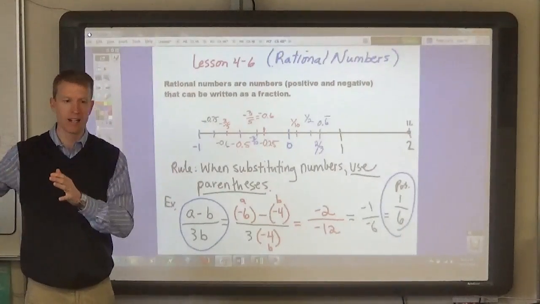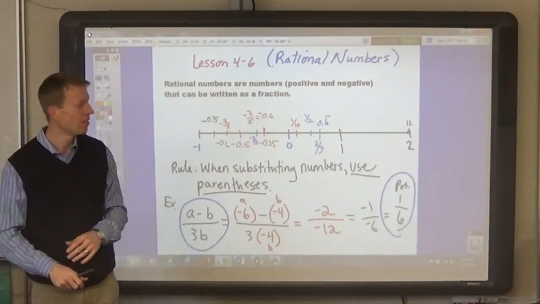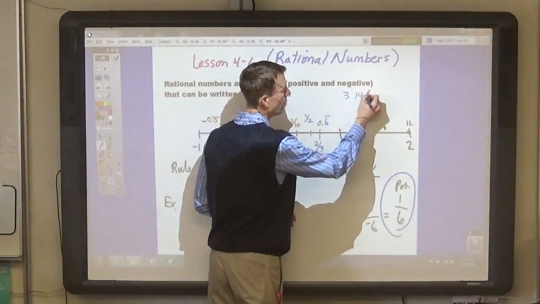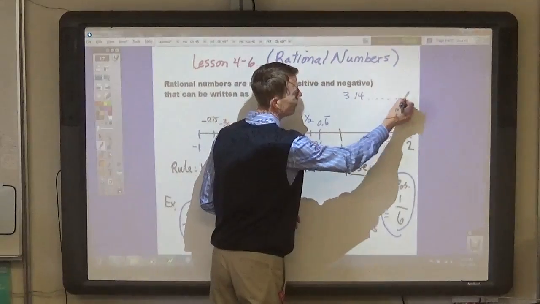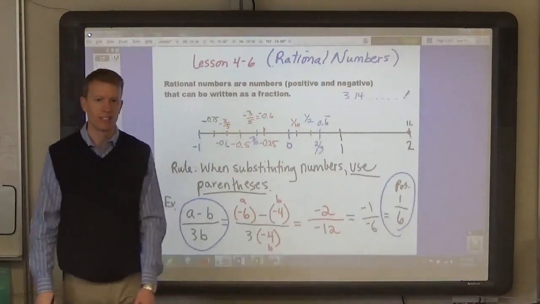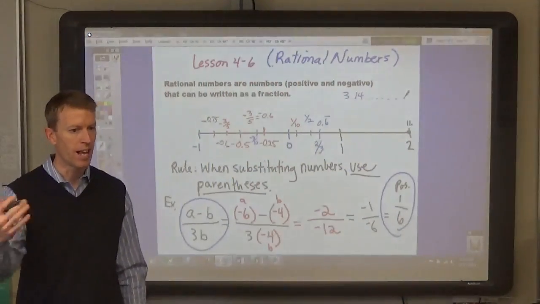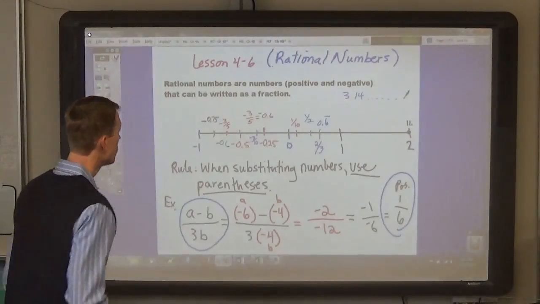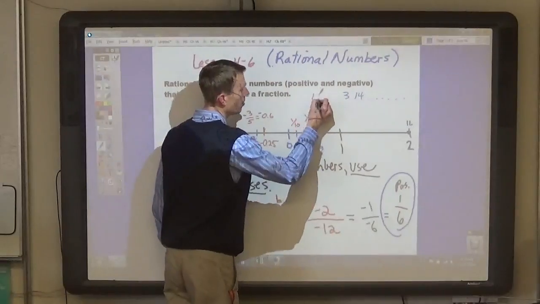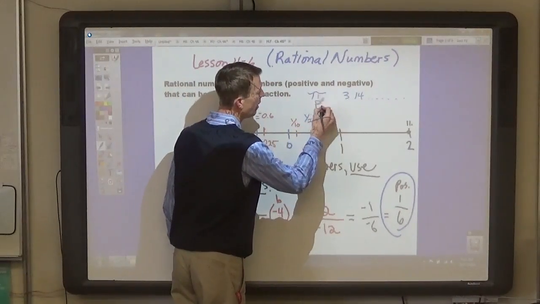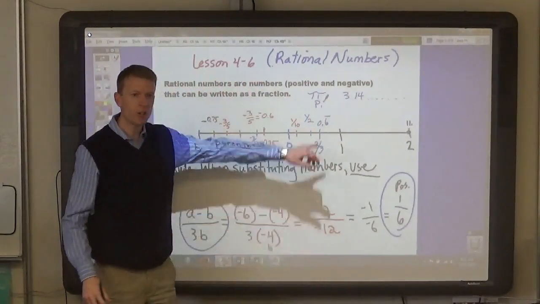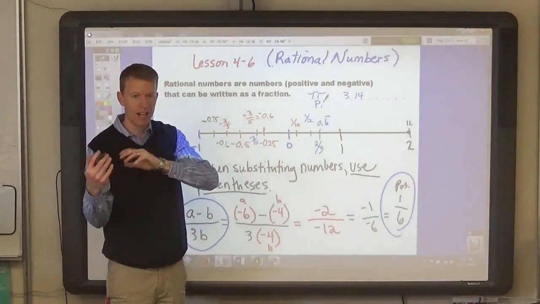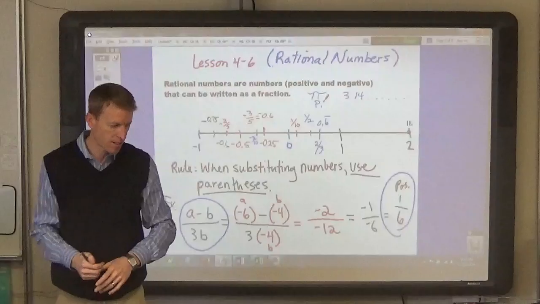Decimals that go on in randomness, like 3.14 2654, and so on and so on. That number actually goes on and on and on. Okay? So this number, called pi, is an irrational number. You can't write it over a place that it ends.